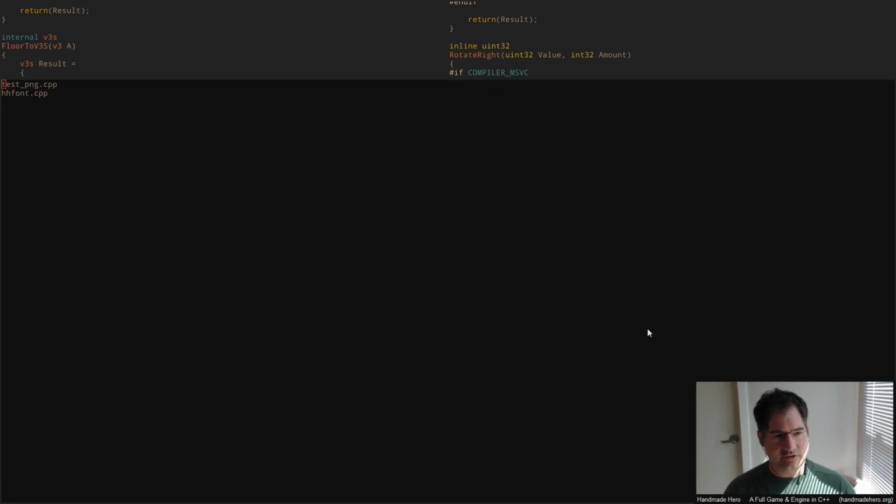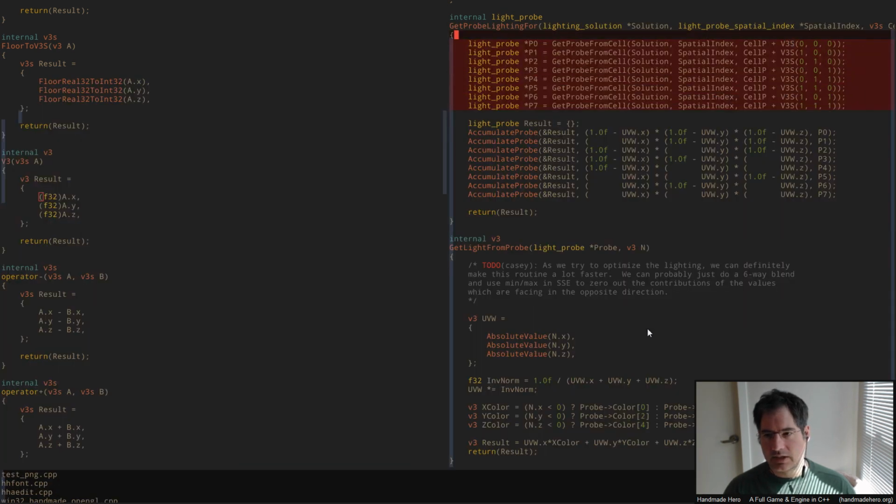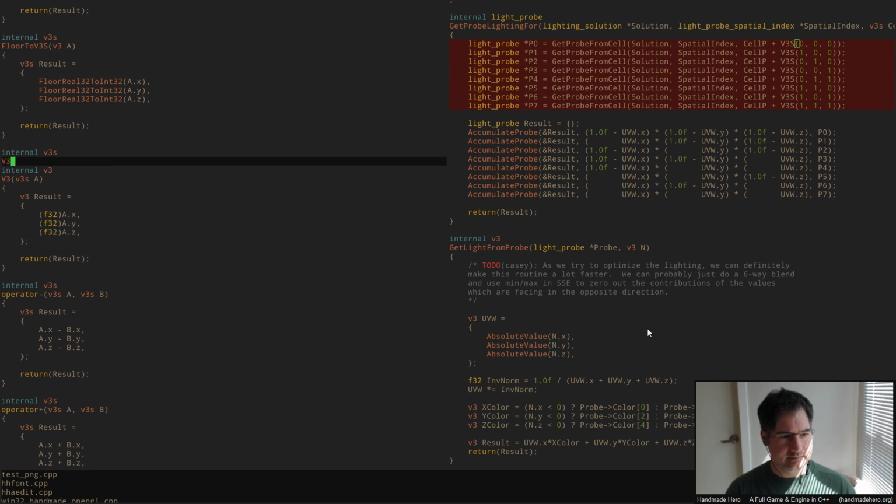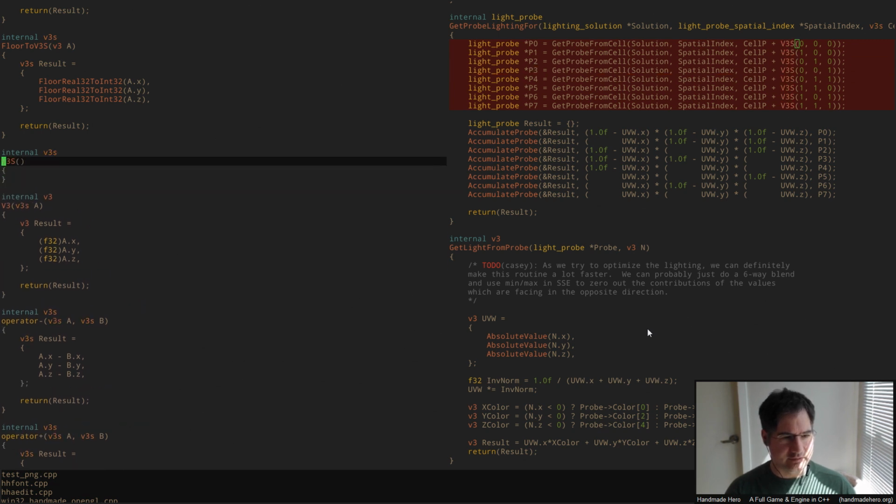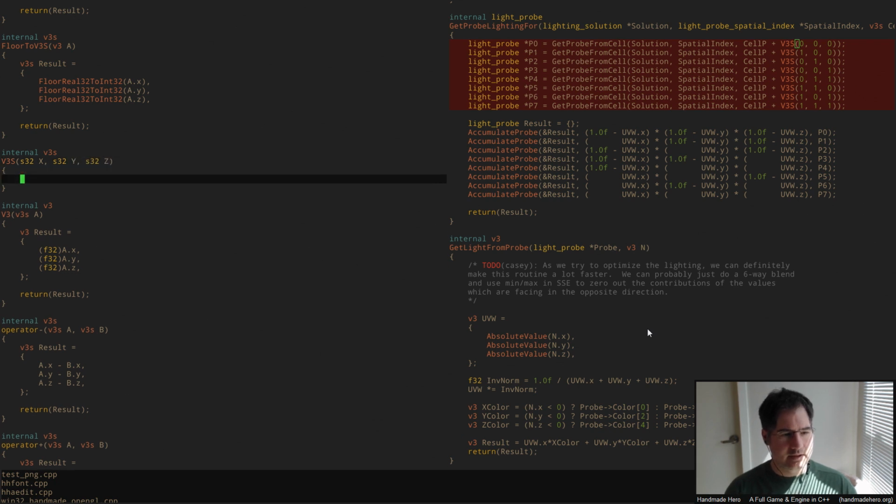All right, so let's start to clean things up here as we go. Looks like we wanted a shorthand there for creating one of these, which makes sense. Again, pretty simple.